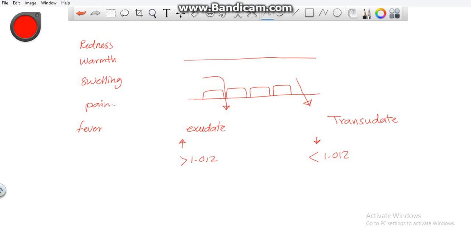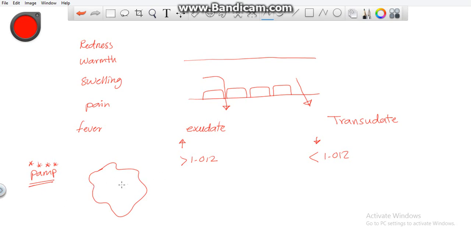Okay, now pain, we talked about it. We said that pain is mediated by bradykinin and prostaglandin E2. Now fever is an important thing because, you know, when you have something we call a PAMP, okay, and this is a pathogen associated molecular pattern, this PAMP is going to be recognized by a macrophage.